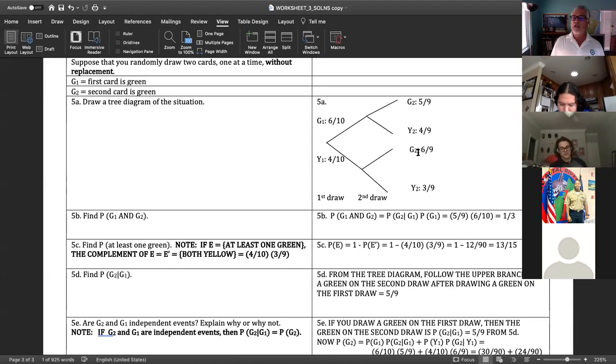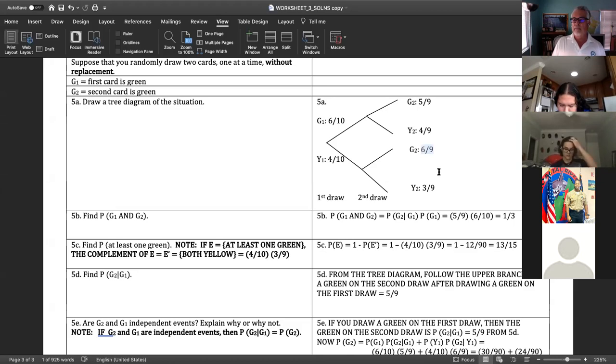So the probability of getting a green card, given that you have a yellow card on the first draw, would be the number of green divided by the number of cards in the deck. But you've reduced the deck by 1 card and you've left that out. So now he's selecting from the rest of the deck, which has 6 green and 3 yellow for a total of 9. So it's 6/9.